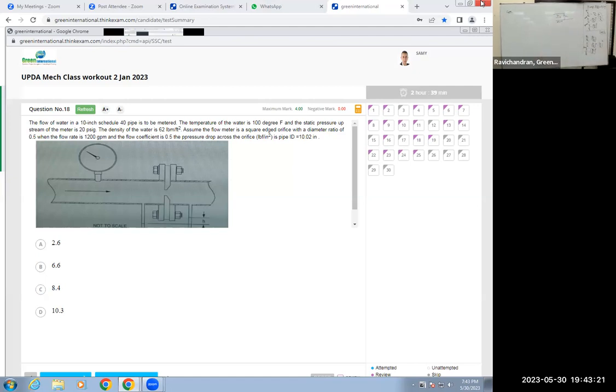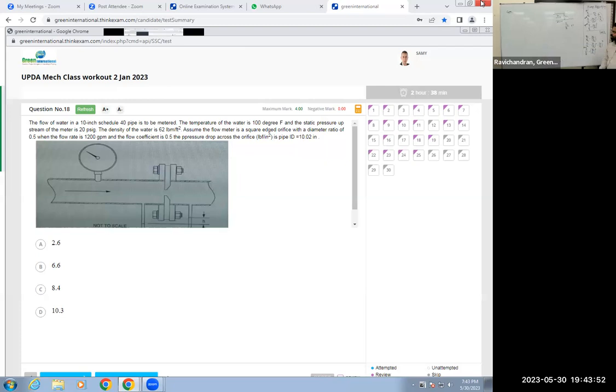The temperature of water is 100 °F and the static pressure upstream of the water is 20 psig. So density of water is given, and assume the flow is through a square edge device with a diameter ratio of 0.5. When the flow rate is 1200 GPM, what is the pressure drop?